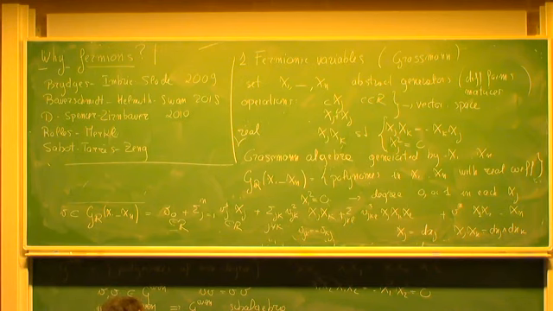I stopped at k because this is the point after which n to the k plus 1 is 0, so all other terms, we can write them, but they are 0. And what I wrote here is perfectly well defined. F is C infinity, so all these derivatives are fine. They are computed on a real number, so this is a real number. And what I have here is a product of even elements in the Grassmann algebra, so it's still in G even. So this is indeed an element of G even.